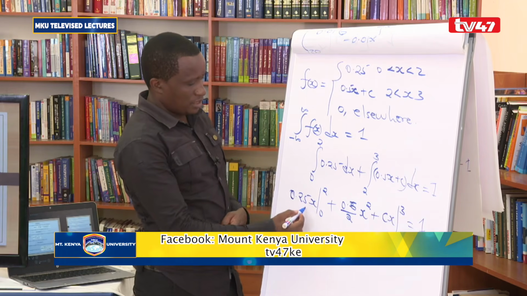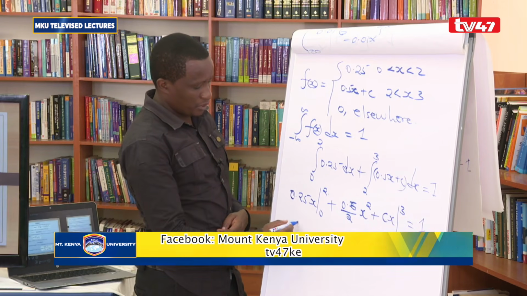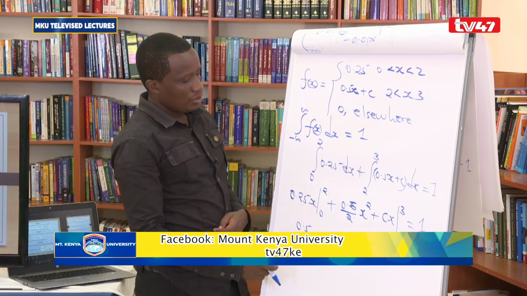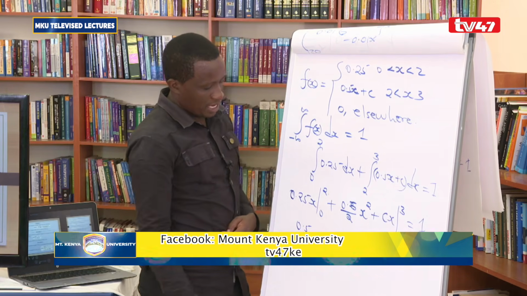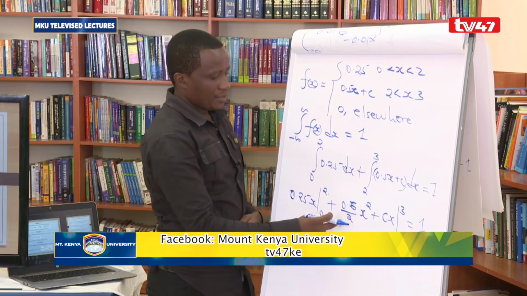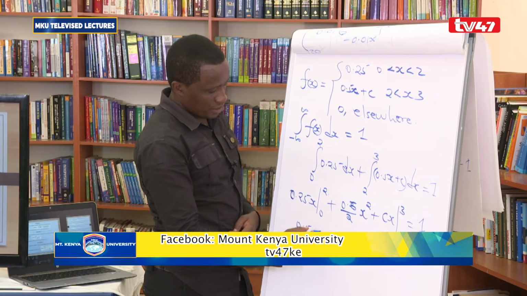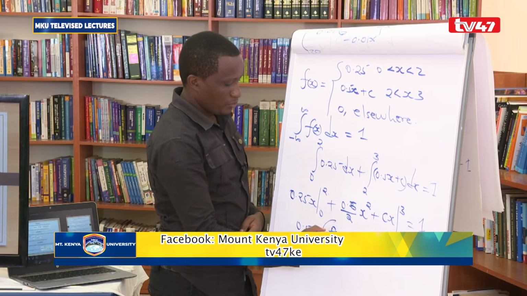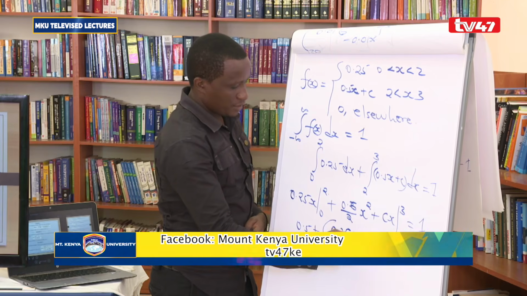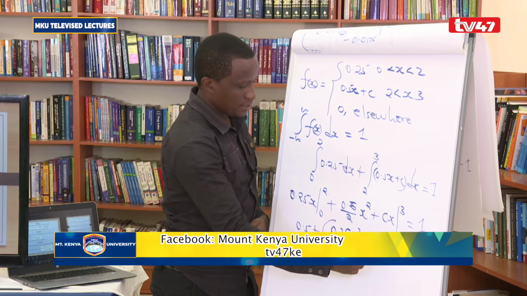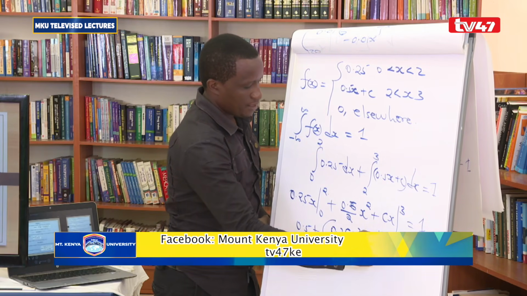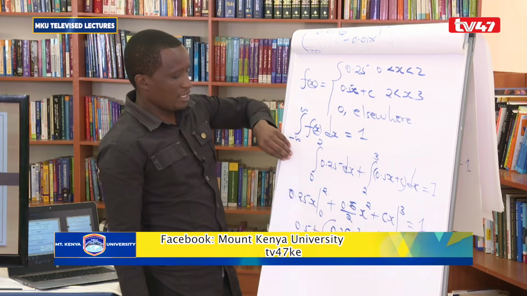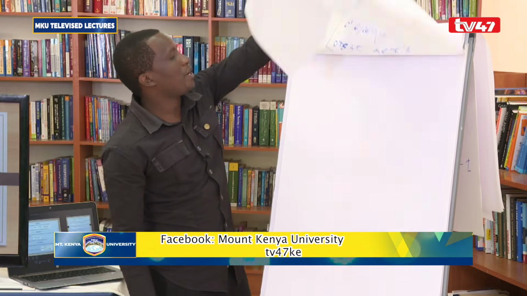So if we put 2, it will be 0.5. If we put 0, it disappears. Now, we come here and put 3, then I'll have 0.5, or I can simplify first. This is 0.25x squared plus cx, put limits 2 to 3, equals 1. Then from here we can now put the limits for the other part.